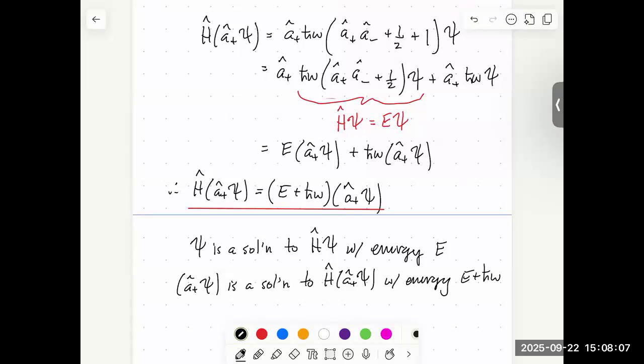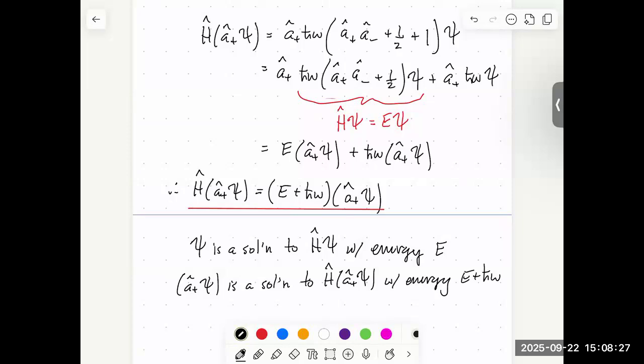It's kind of amazing because we haven't even written down a functional form for any solution, but suddenly we're able to say that we can find new states with energies that are just E plus some constant, H bar omega.